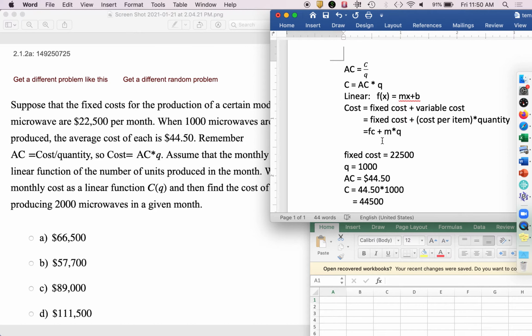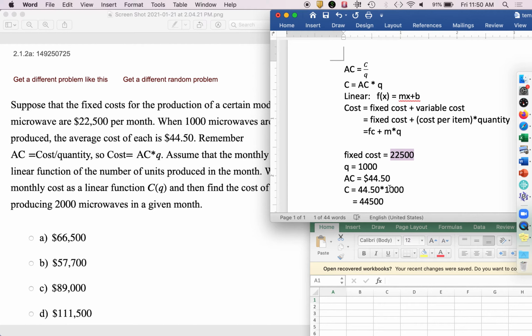So I was given this fixed cost. I know what to plug in there. That's 22,500. What I don't know is M. What is this cost per item? And I can solve for M because I now know that 44,500 is the C value.